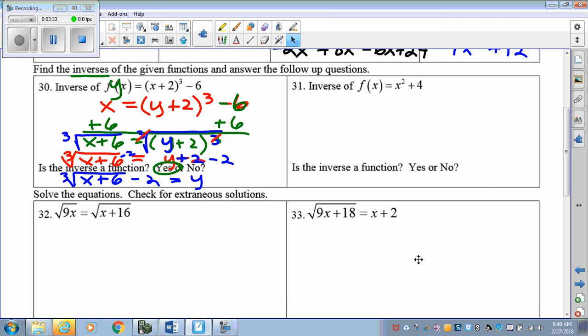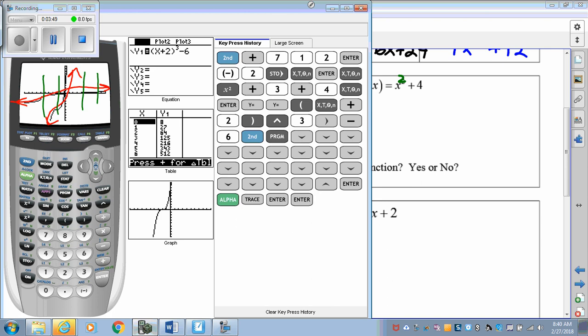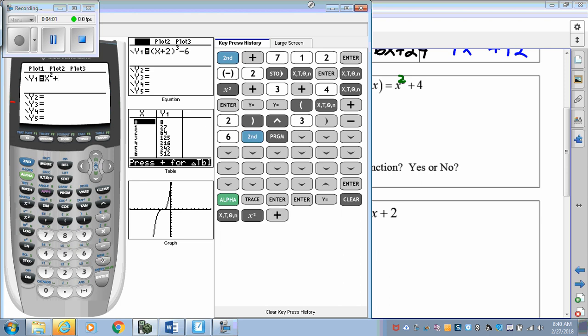All right, looking at number 1, I can put that in the calculator as well. That's going to be a quadratic, right, because it's to the second power. So I know it's going to be a U shape, a parabola. So I'll go ahead and put that in. So I have x squared plus 4.